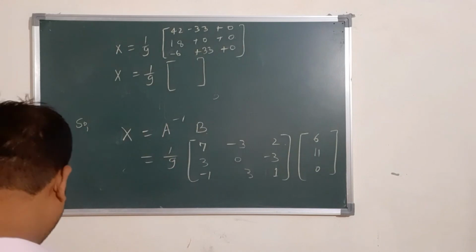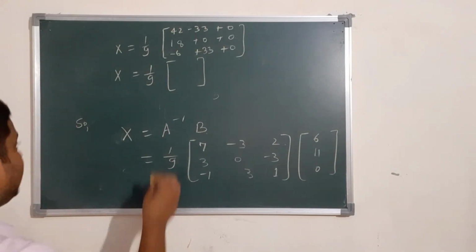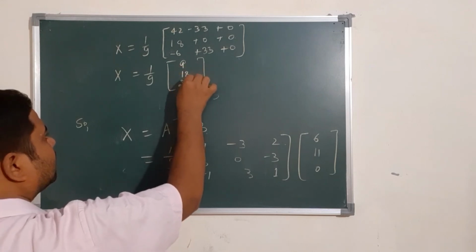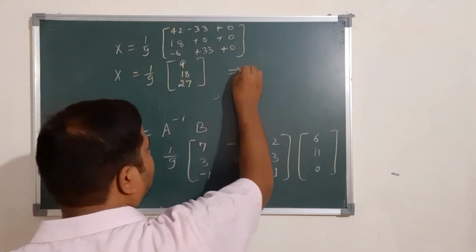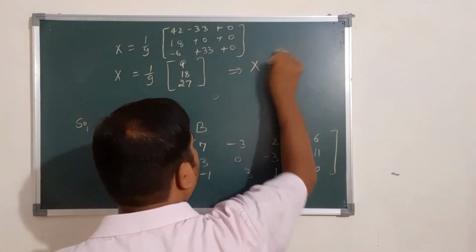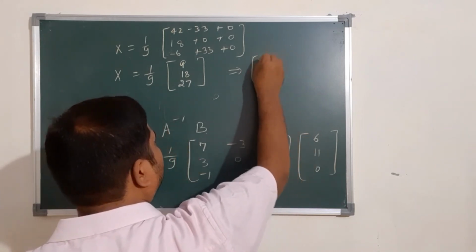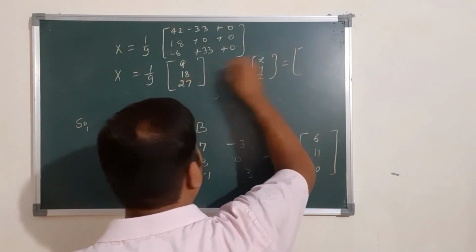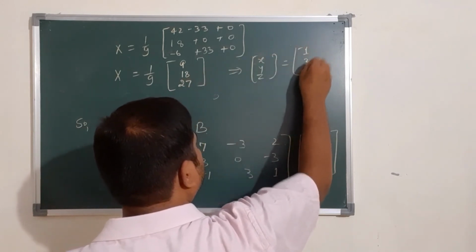This is nothing but 9, 18, 27, and X is also x, y, z, so 9 1s are 9, 1, 2, 3.